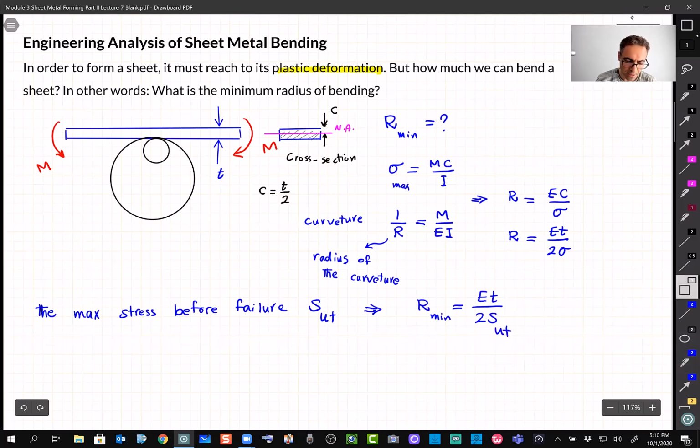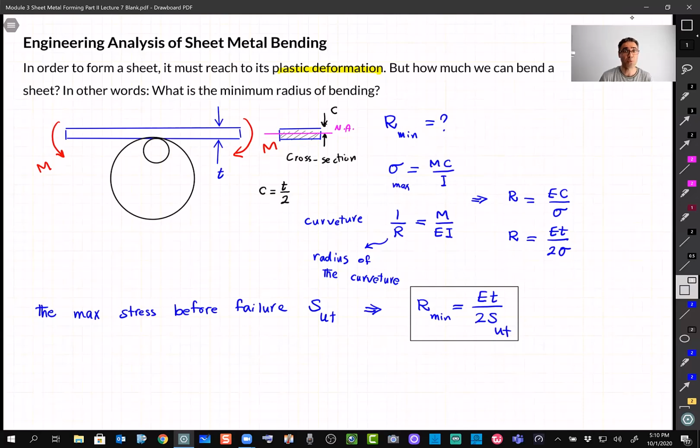And again, this is another important formula that we need to consider when we design something for bending. It depends on the thickness of the sheet metal that we are bending, and on its material, here the modulus of elasticity and SUT, and there is a limitation on how much it can be bent without failing.